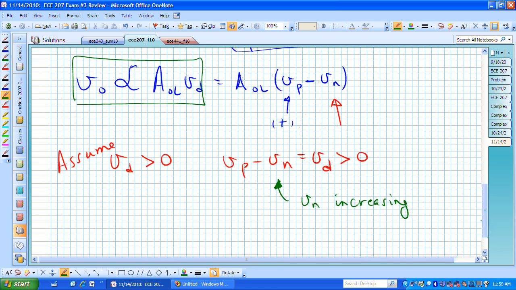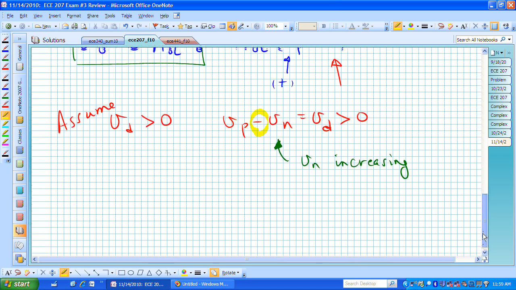Which is actually going, because of this, it's being the inverting terminal, it now takes away from V sub P and causes V sub D to actually decrease.